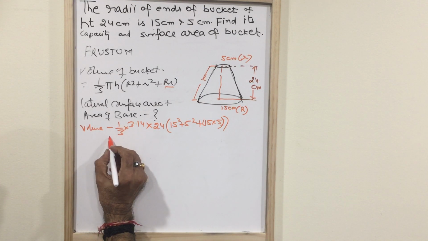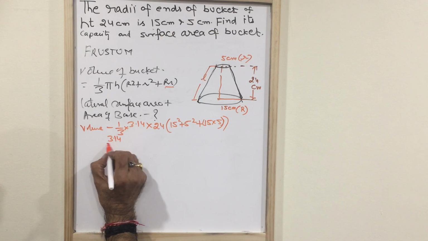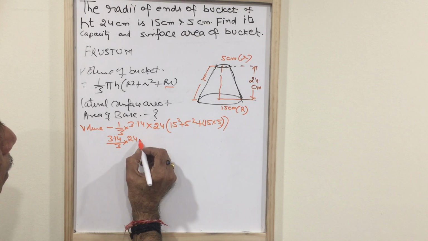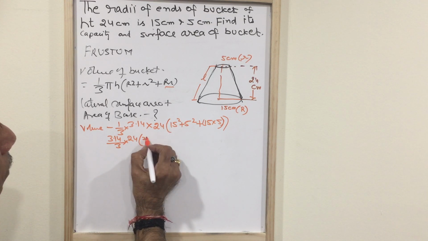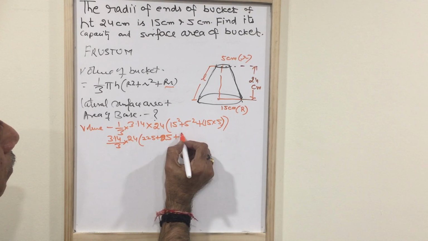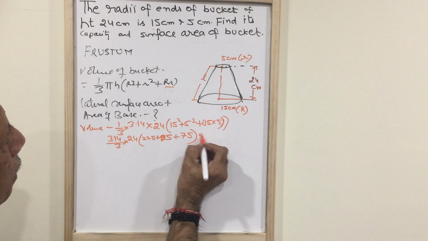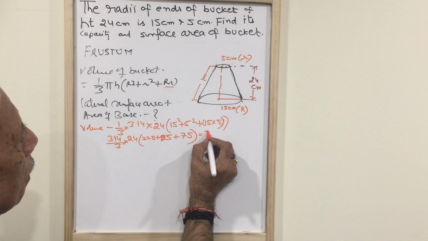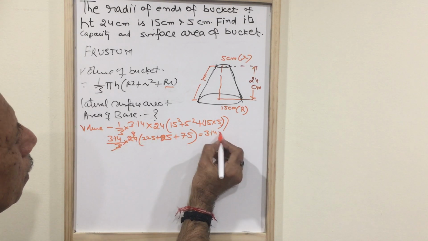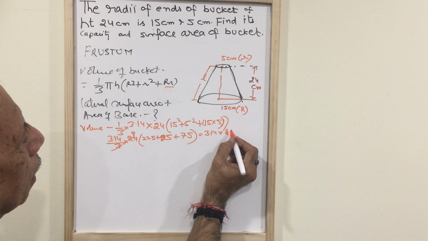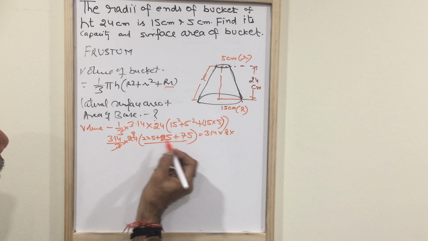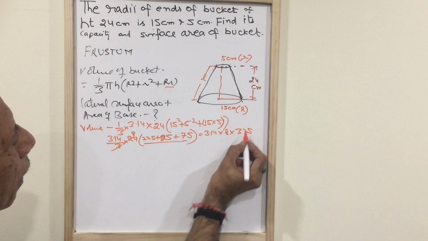We'll solve it now. 15 square is 225, plus 25 for 5 square, plus 75 for 15 times 5. So 3.14 into 8 into 325, since 225 plus 75 plus 25 is 325.